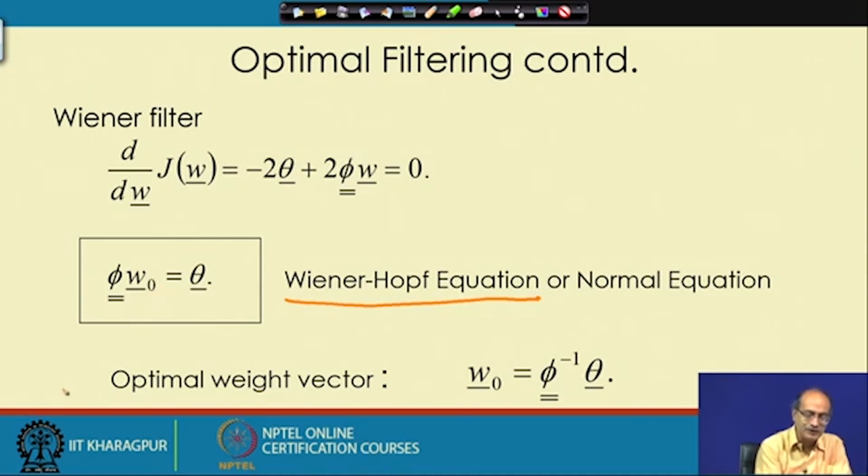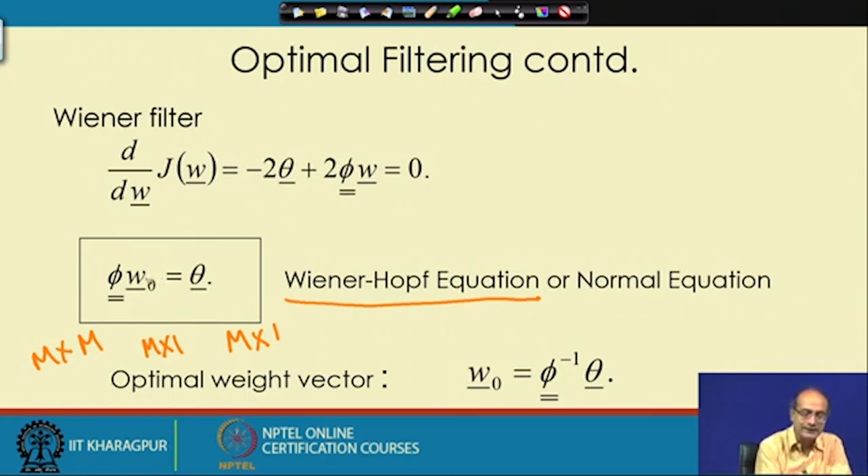And if we check the dimensionality, phi has dimension m by m, w 0 has m by 1, and theta also has dimension m by 1. So, for m weights, we have a set of m equations. By simply solving this set of m equations, we are able to get the value of w 0, the optimal value of the weight.